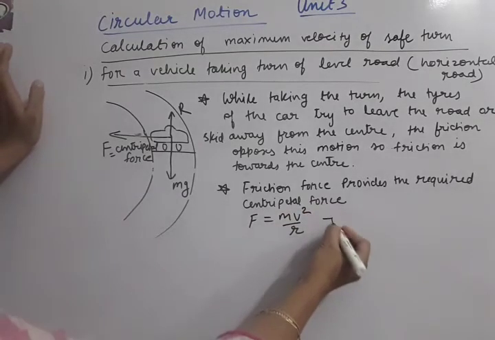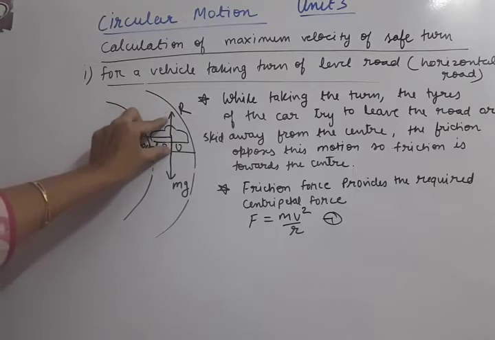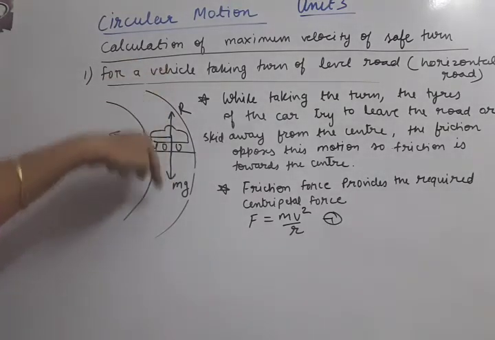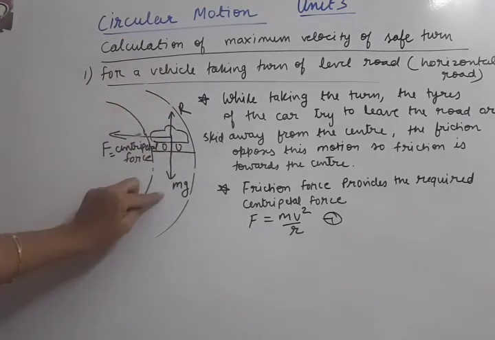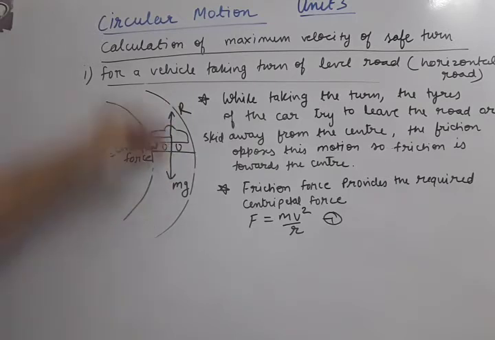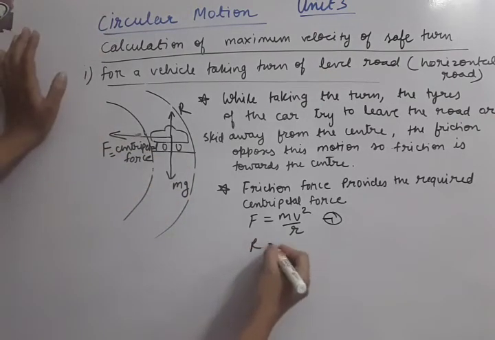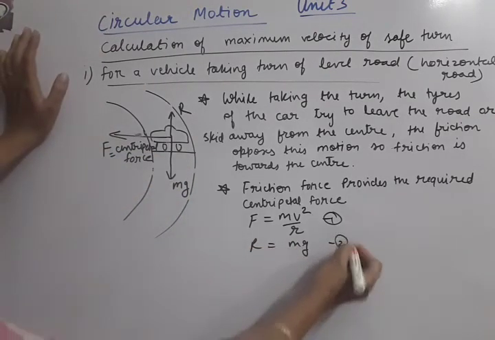This is our first equation. Now, what can the second equation be? This is the object's vertical case. R is upward, mg is downward. They balance each other because the car is not moving vertically upward or downward relative to the road. So R and mg are equal. This is our second equation.